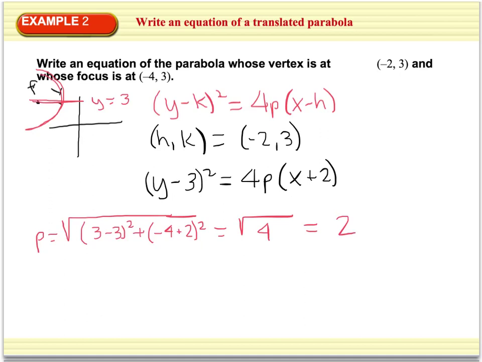Now, because your parabola is facing the direction that it is, our p-value is really equal to -2. So to complete my equation, I'm just going to plug the p-value in up here, and I end up with y minus 3, the quantity squared, is equal to 4 times -2 times the quantity of x plus 2.